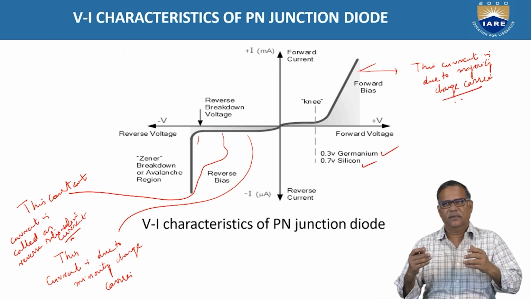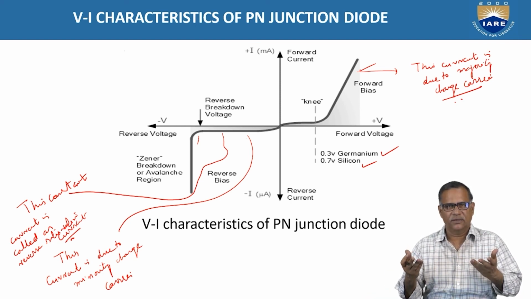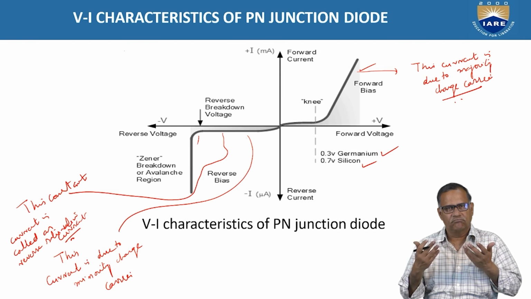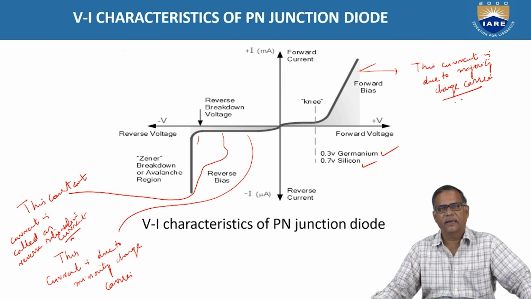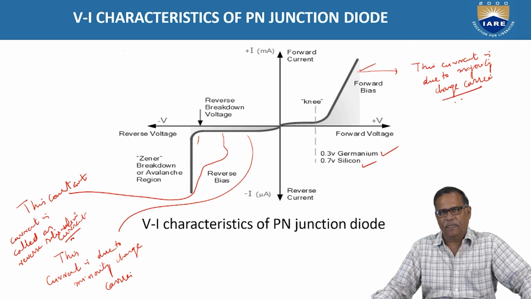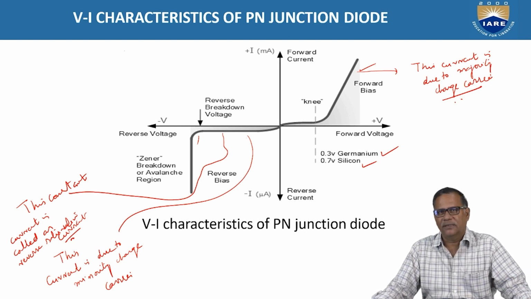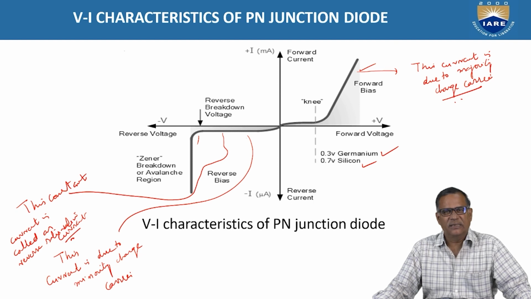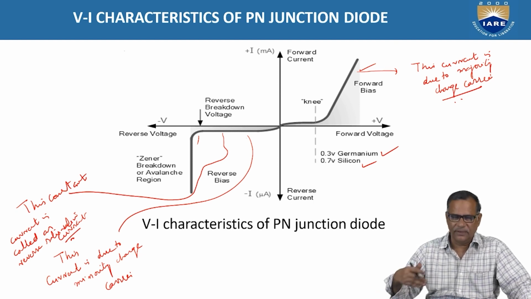When they hit the atoms, the valence electrons are liberated, freed from the atoms, and they get multiplied in large numbers, thereby the current is greatly increased. So a breakdown happens, and this breakdown can cause damage to the device. This we will discuss in more detail in the next lectures.